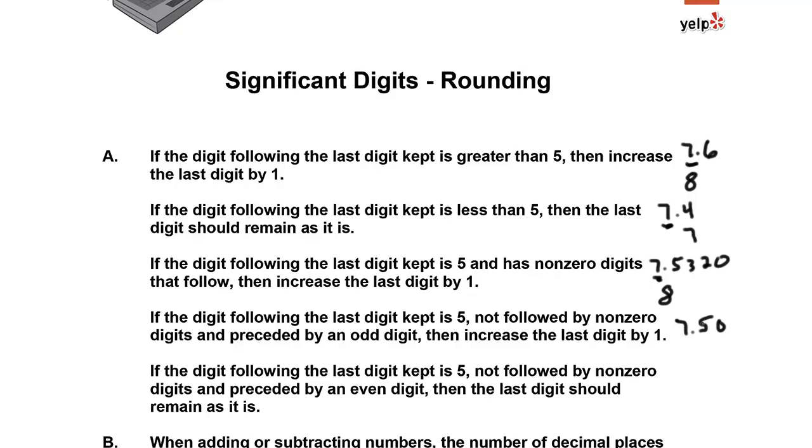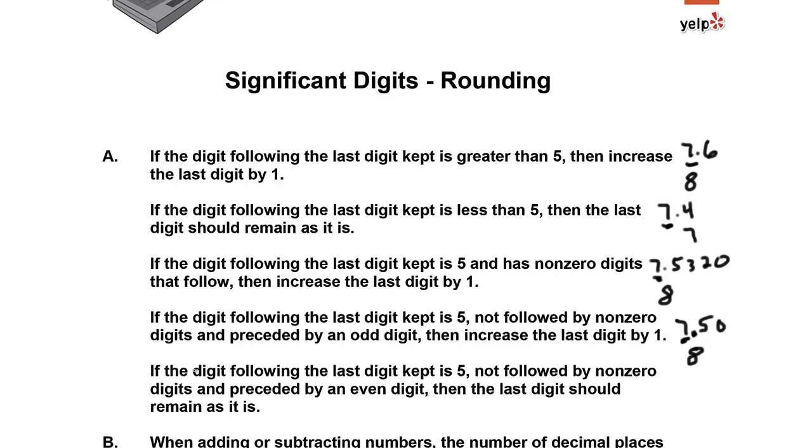But as long as it ends exactly in a 5, then it says, look, if it's preceded by an odd digit, then increase the last digit by 1. So since this is 7.5 exactly, then we have to look at this last digit kept. Notice that 7 is odd, so therefore we round up to 8.